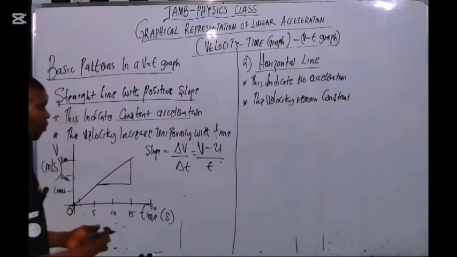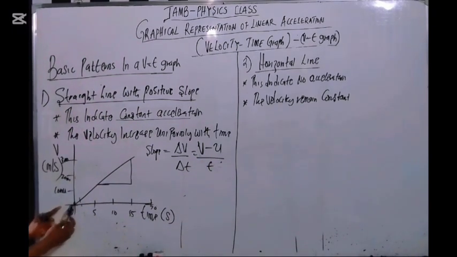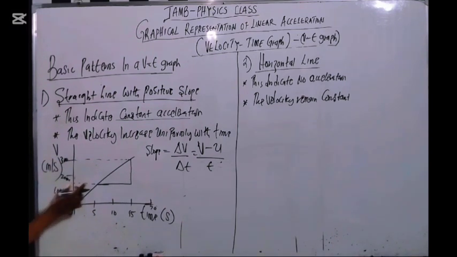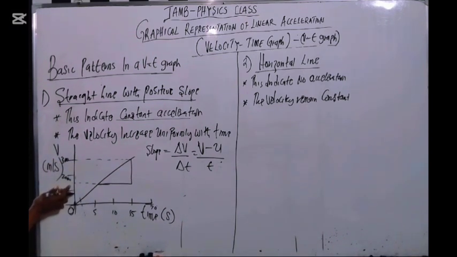Now, if for example I have this point like this and this point like this, my final velocity will be 30, and my initial velocity, if I'm taking the slope here, can be like 15, right?